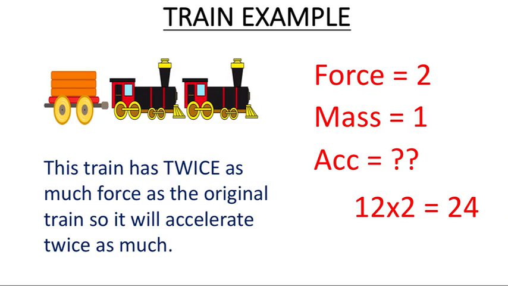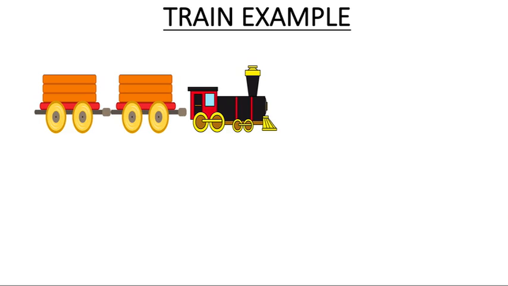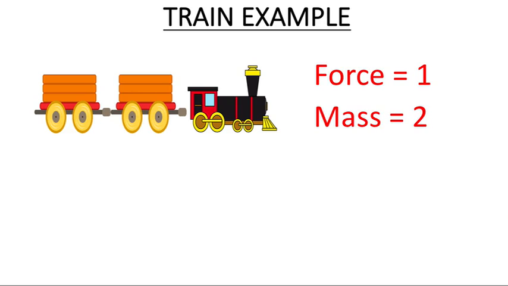What I like about Newton's second law is that the math is so friendly. All we're doing is multiplying or dividing. The next train has one force car, but it's carrying two mass cars. Once again, we need to predict the new acceleration.